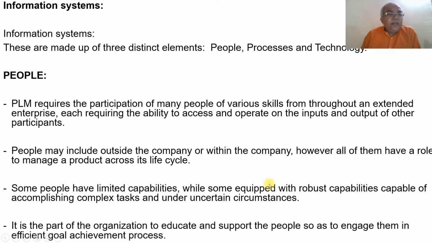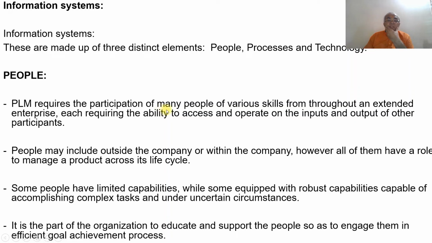Then information systems. To whom do we need to carry the information, or who has to access the information system in the organization? These are made up of three distinct elements: people, processes, and technology. So first we consider people.